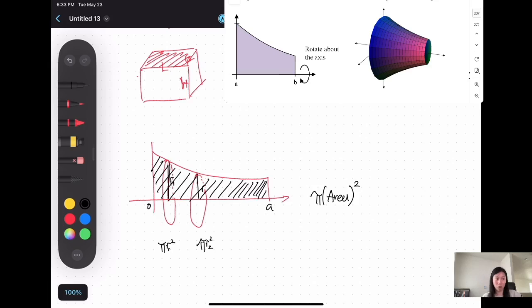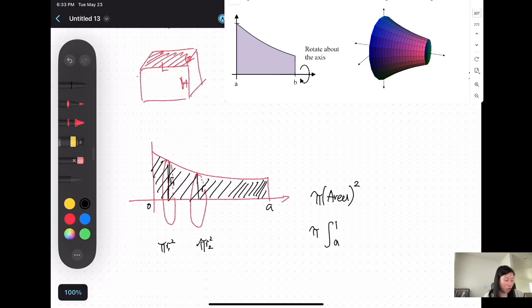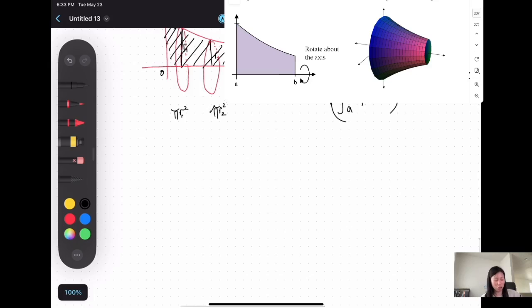So the area of this part is the integral from a to b of f(x) dx. Don't forget the square. So here is the formula for the volume of a solid obtained by rotating about the x-axis: the integral from a to b of pi times f(x) squared dx.